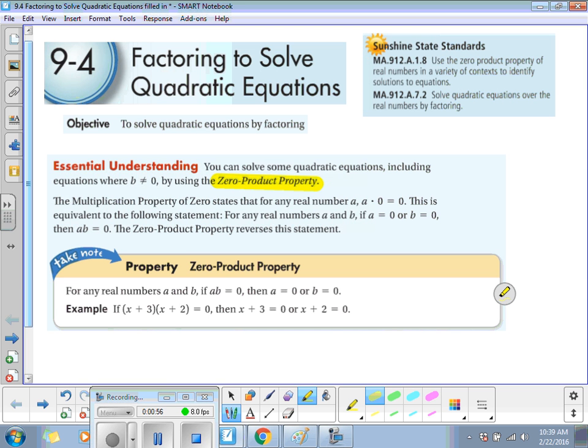So for any real numbers A and B, if A times B is equal to 0, then A or B has to be equal to 0.